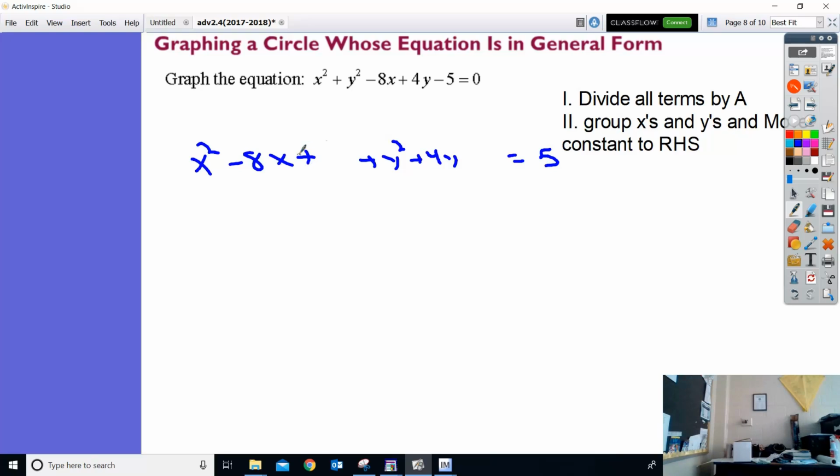I had 16 here. That factors as x minus 4 squared. Now, if I add 16 on the left, I better add 16 on the right. If I add 4 here, how does y squared plus 4y plus 4 factor? Y plus 2. This is how I was taught: just think about what you need to add.